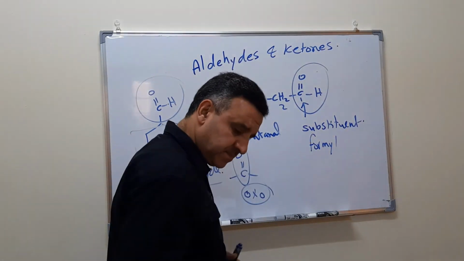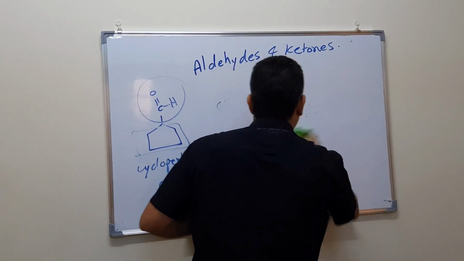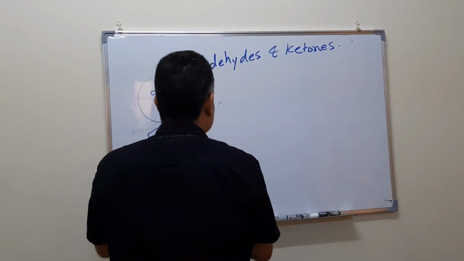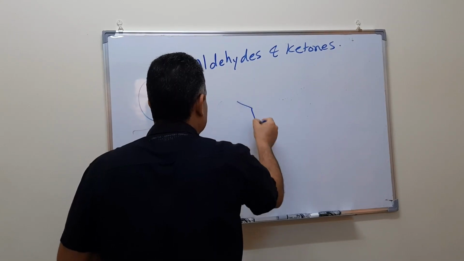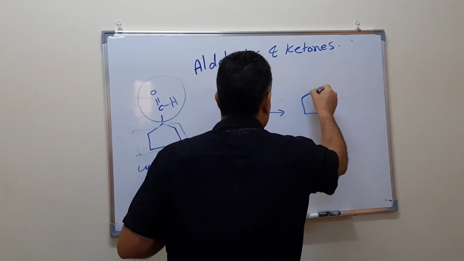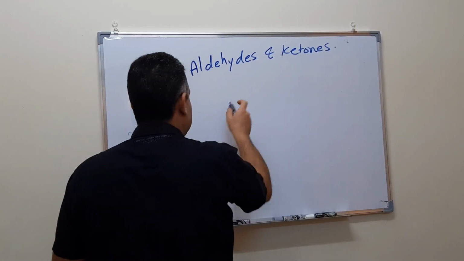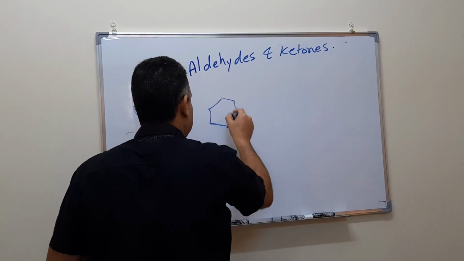For example, if we are asked to prepare this ketone starting from cyclohexane, oh sorry, let me correct that, maybe that was a mistake.